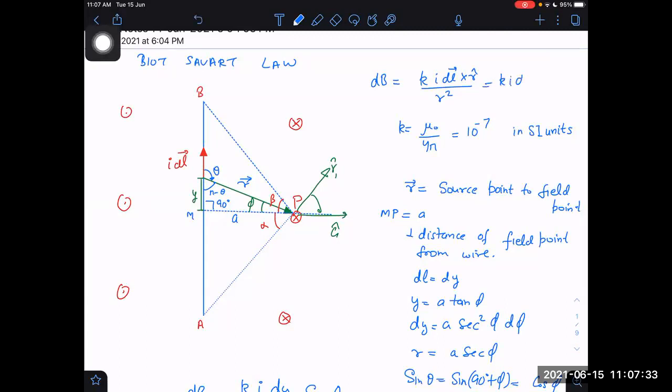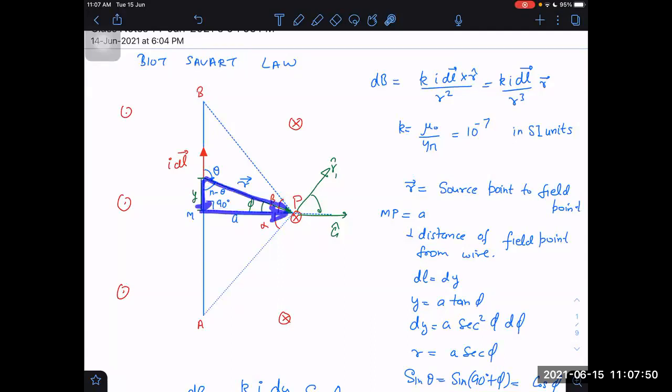If I write it as Ki into dl divided by r cube into r vector. This r vector I can write as y vector this side plus a vector, right or not? R is resultant of these two. Yes, sir. Y vector downside, a vector this side.